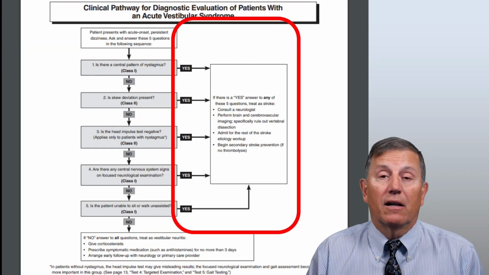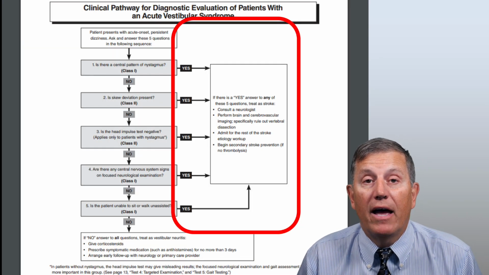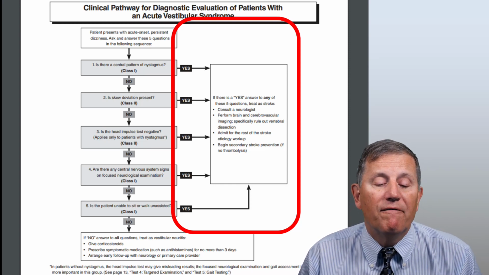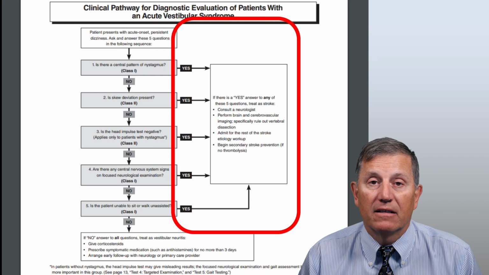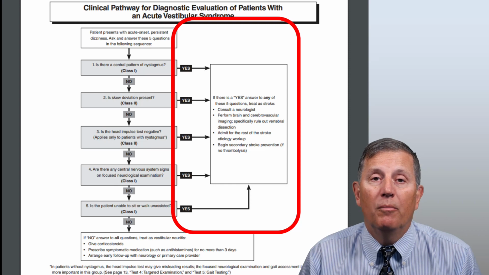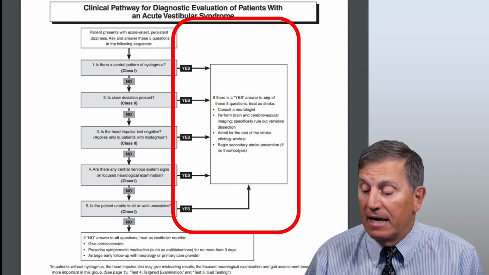If you look then at the clinical pathway for evaluating patients with dizziness and/or vertigo, there are 5 findings on physical exam that need to be considered for all patients in whom a central etiology is possible.